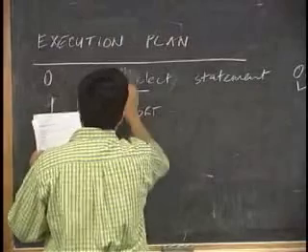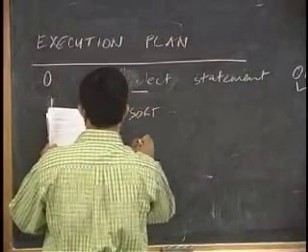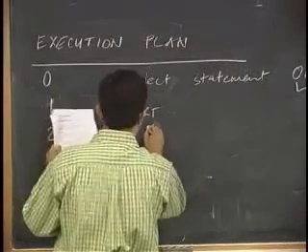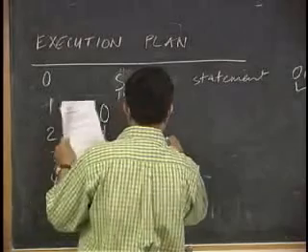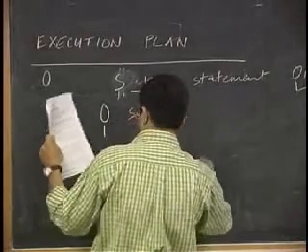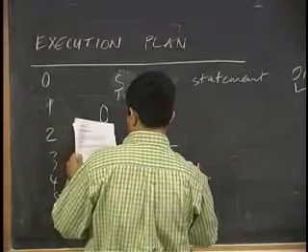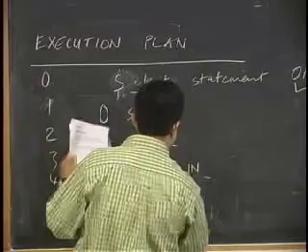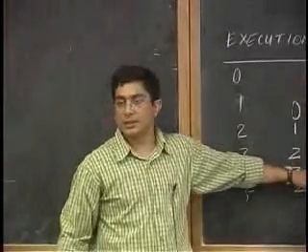So the select is the outermost, then sort, and then the filter is here, then table, index, and then here is the index. Okay, so this is what you got.